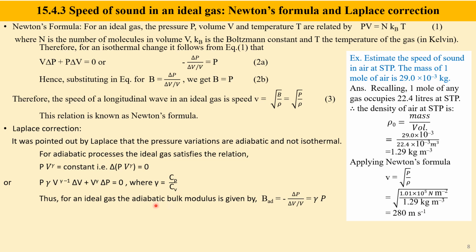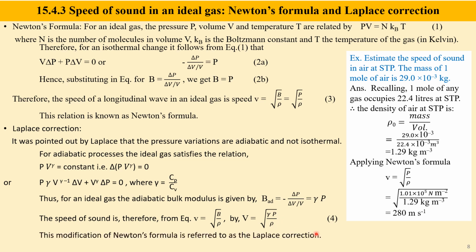Thus, for an ideal gas, the adiabatic bulk modulus B adiabatic is given by B adiabatic is equal to delta P over delta V by V, that is equal to gamma P. Therefore, the speed of sound, from the equation V is equal to square root of B by rho, becomes V is equal to square root of gamma P divided by rho. Let it be equation 4.